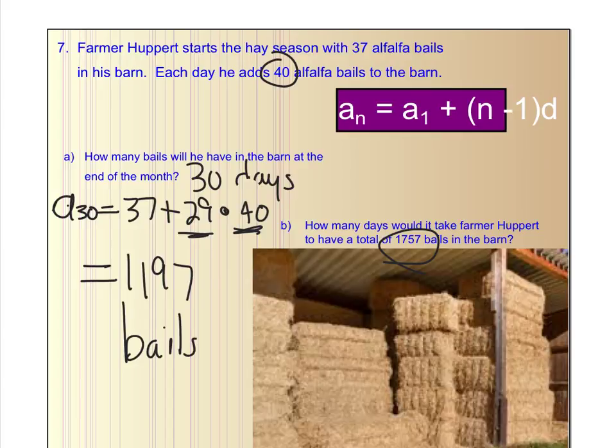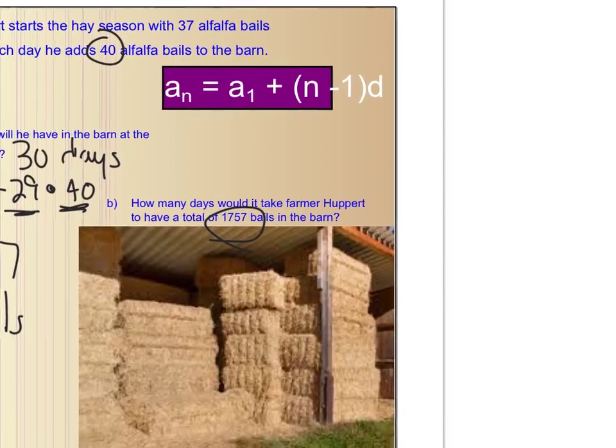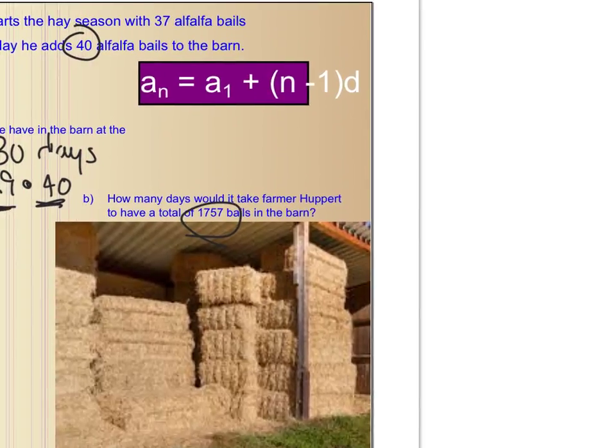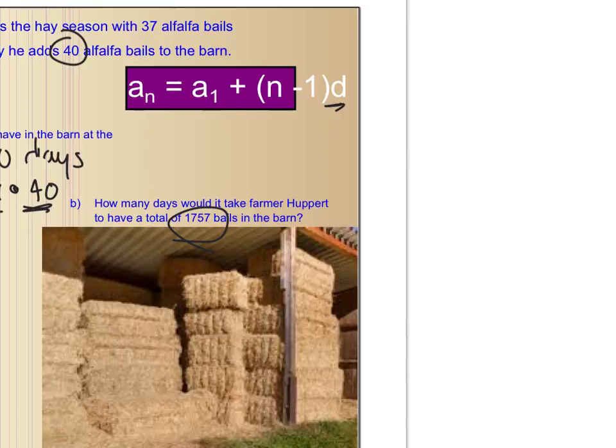All right, so now, how many days would it take Farmer Hooper to get 1,757 bales in the barn? So what I'm looking for is how many days. Now for this one, n becomes the variable. I know that I want 1,757.